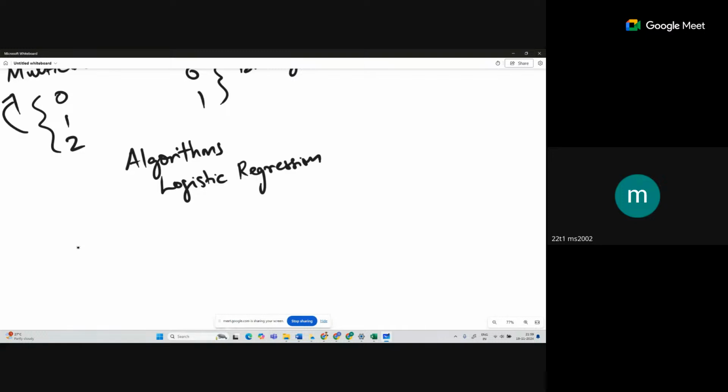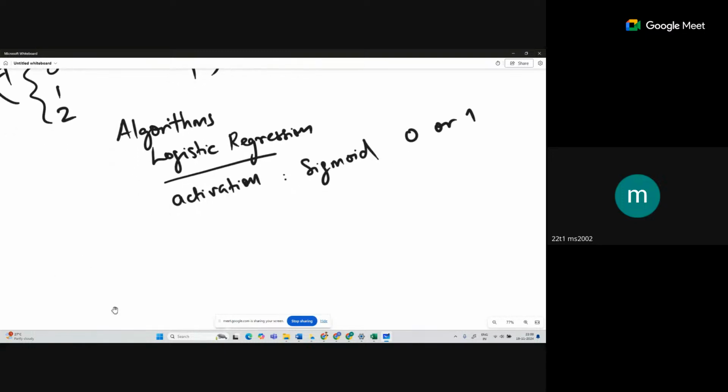Generally, what is the activation function that we use for logistic regression? Sigmoid. Can sigmoid do that? No. Sigmoid can only predict 0 or 1, so you need more sophisticated activation functions like softmax. You will come across these in due course of time, so don't worry about it now.